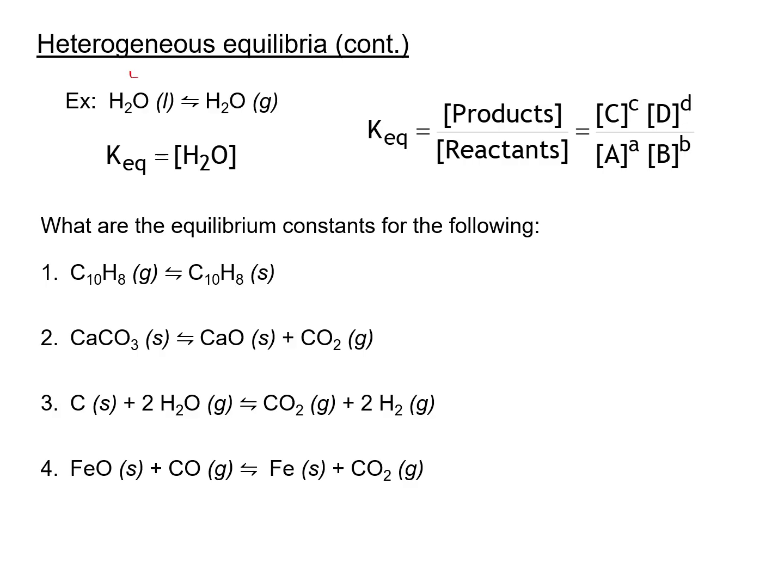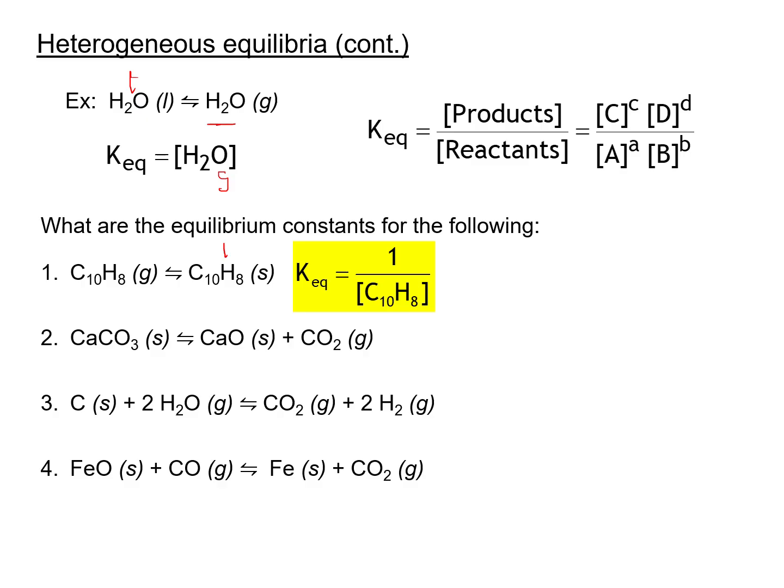So in this case, this one has a value of 1, and this is the only one that's going to show up in the equilibrium expression. So it's just going to be equal to the equilibrium constant. It's going to be equal to the gaseous concentration of the water. Down here, we have a solid, so we know that one's going to be a 1. So our equilibrium constant is going to be 1 over the C10H8 in the gaseous phase.